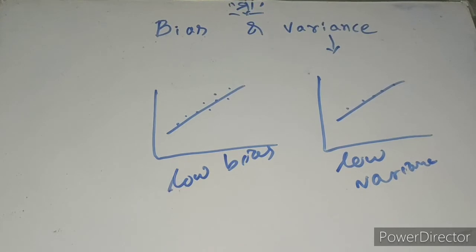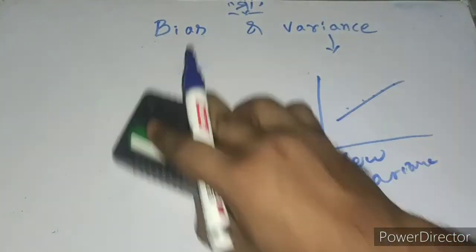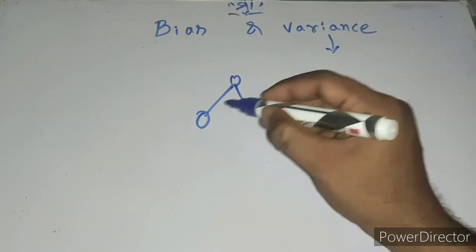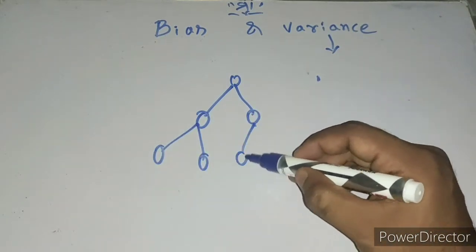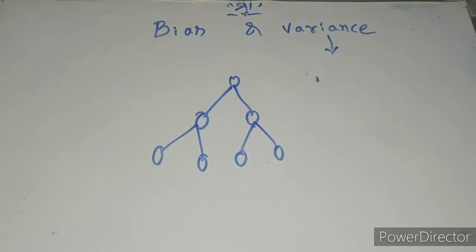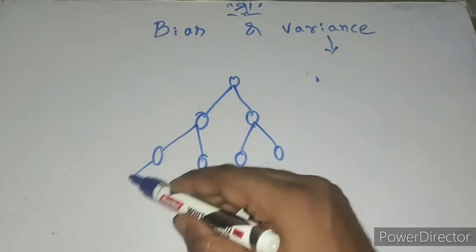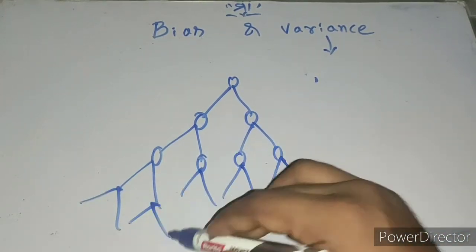Let's understand a different algorithm. The algorithm is the decision tree algorithm. Decision tree algorithm means it is a kind of binary algorithm like this. It has to expand. I'll draw the diagram. In a decision tree, a tree will be split into branches, and further it has to be split into leaves like this. I'll be making a separate video on the decision tree algorithm. Suppose this decision tree is expanded extremely, it will fit properly.